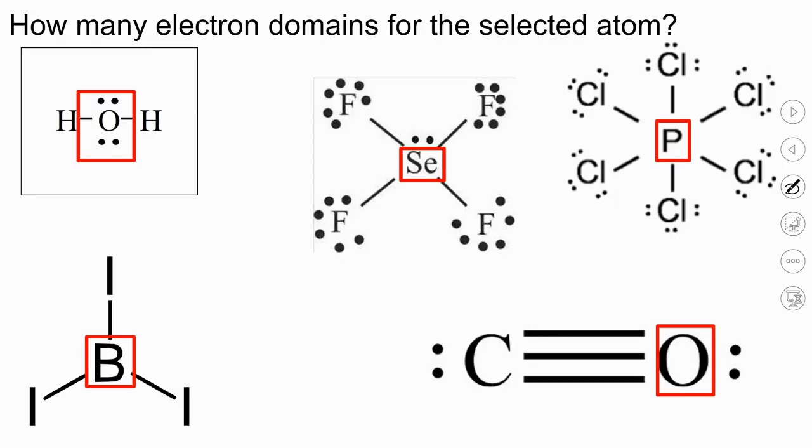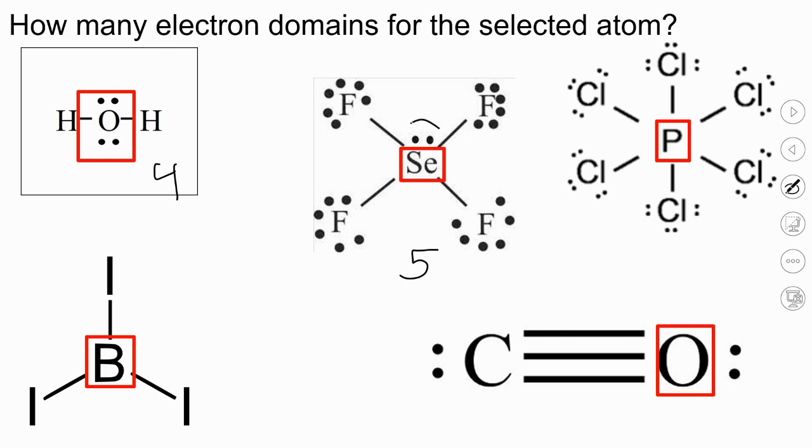How many electron domains for the selected atom? How about oxygen? We've got 4. Okay, 4 electron domains. How about selenium here? Good, 5. This is an exception to our octet, but it's okay because selenium is below the third row.